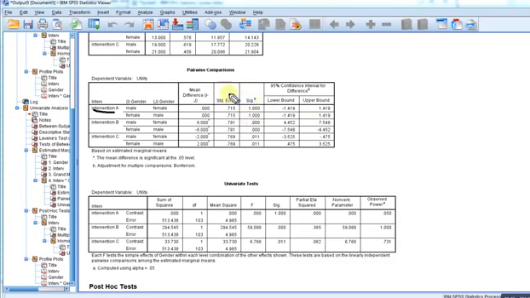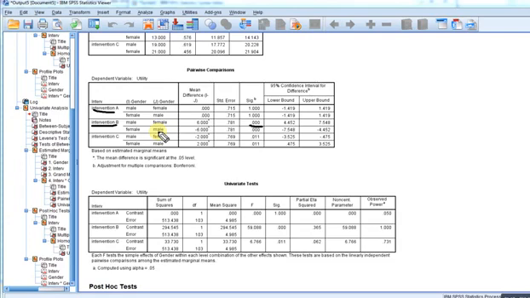When I look at intervention B, when I take I minus J, you can see that males would have scored higher than females because this value right here is positive. And there is a statistically significant difference between the two groups, with males scoring higher on average than females with respect to perceived utility.